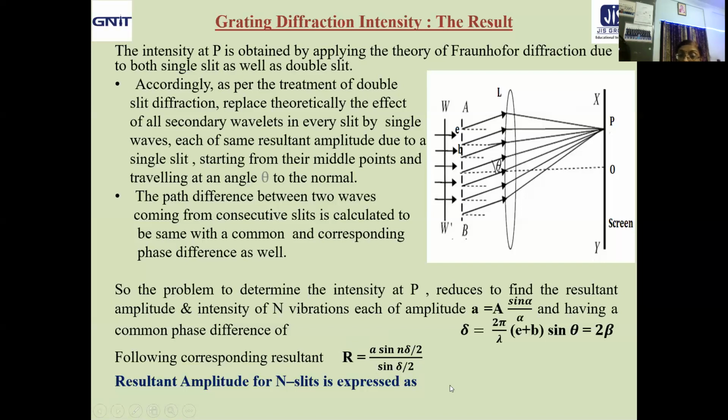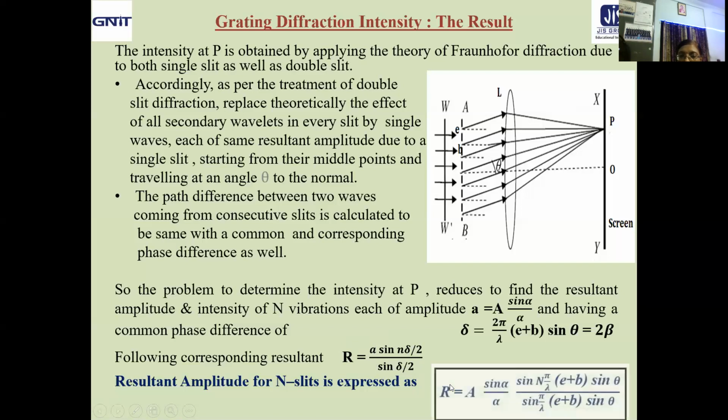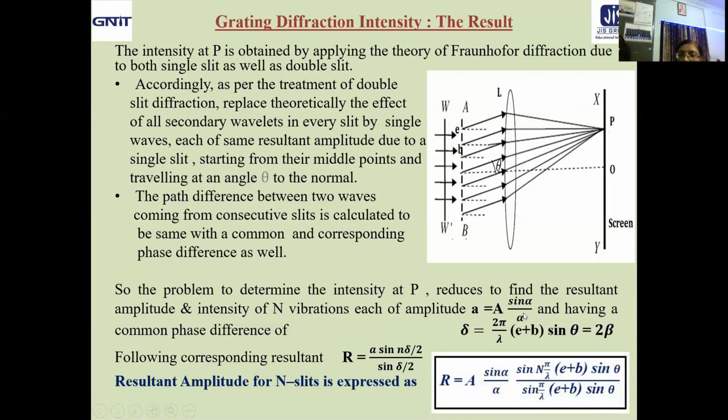Now, in our case, what about the situation? Small a is equivalent to A sine alpha by alpha. So in place of small a, we will put A sine alpha by alpha. Now small n is replaced by capital N because the number of slits is capital N. Now delta by 2, what about delta in our case?